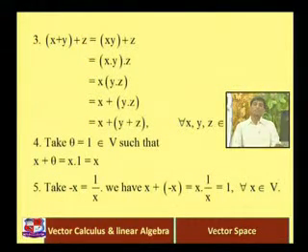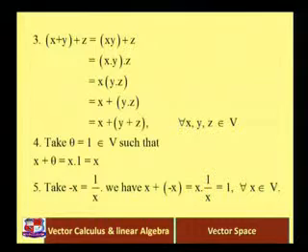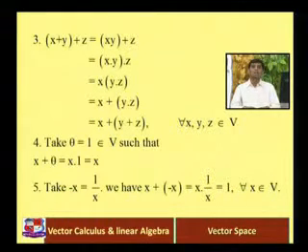Third condition is the associative law for addition: in brackets x plus y, plus z, that is equal to x plus, in brackets, y plus z. Okay, we use the definition of addition which is given in the statement, that is equal to x into y, in brackets, x into y into z. Now the associative law for multiplication for real numbers, that is easy, right?